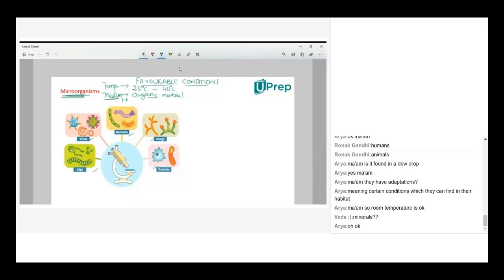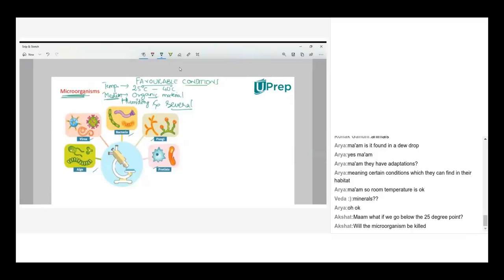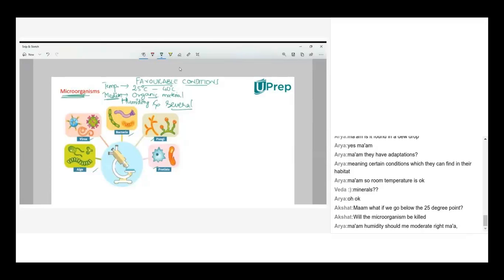Then after medium, we are having different conditions called humidity. The humidity levels in which they are to grow and divide is also another favorable condition. Along with temperature, medium and humidity, several other factors also play a role in growth and division of microorganisms. It depends. Yeah, Akshata, that's why I gave the term favorable condition.